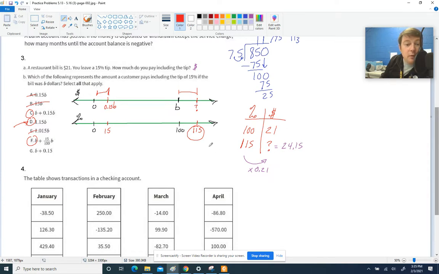Because we had to find out what 15% was. So we don't want to pick that one. That doesn't make any sense. The double number line kind of helps you see that these ones that we pick, it's always B plus a fraction of B. And in this case, it's 15% of it. And you can combine those and make 1.15 to represent the 115%. You can combine them with fractions, right? Those C, D, and F, those make sense.